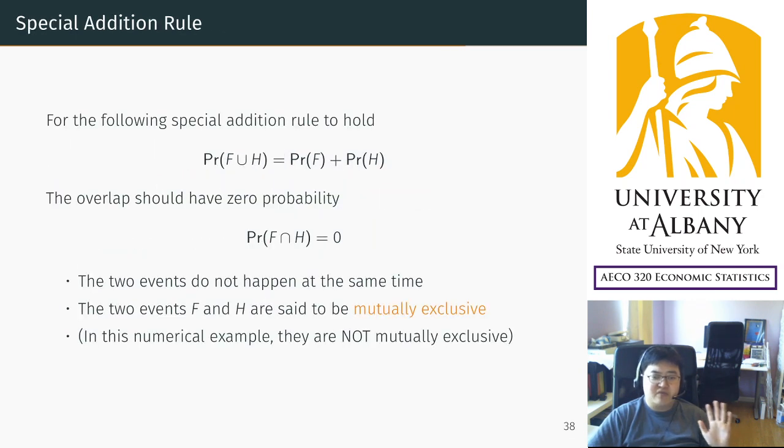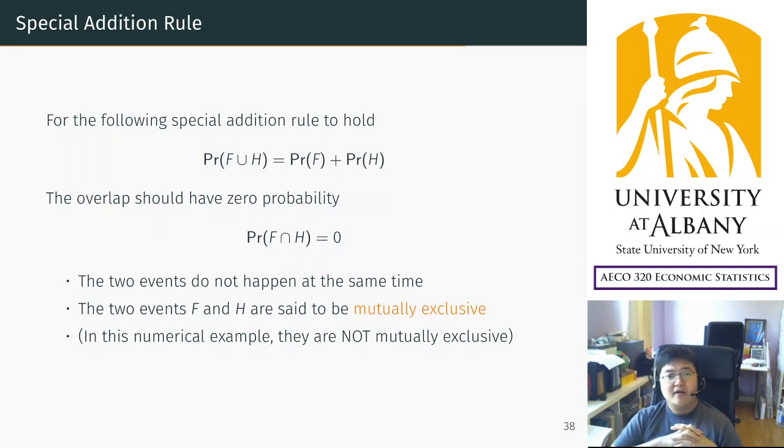But there are some examples where, if this assumption is satisfied, the two events are mutually exclusive, and then you can apply the special addition rule, which is very simple, very nice.